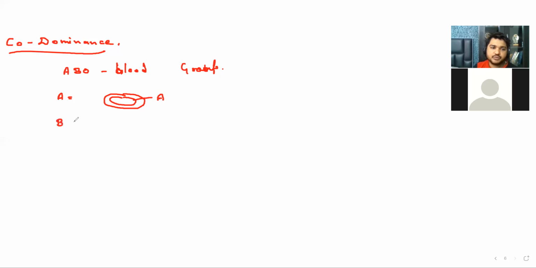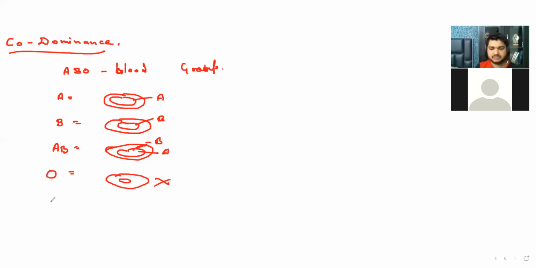If I have blood group B, it means I have glycoprotein B. If I have AB blood group, I have both types of glycoprotein, A and B. But if I have blood group O, it means there is no glycoprotein.